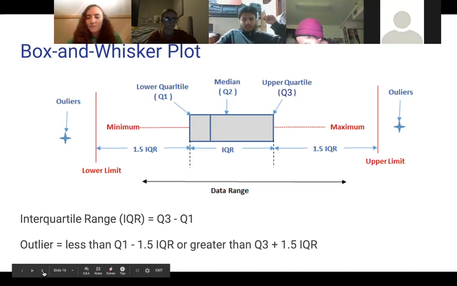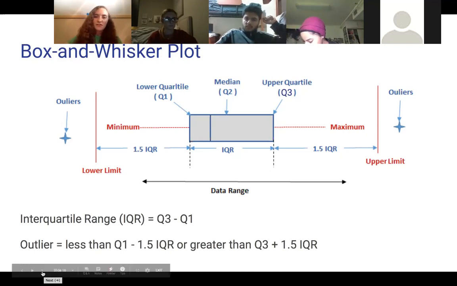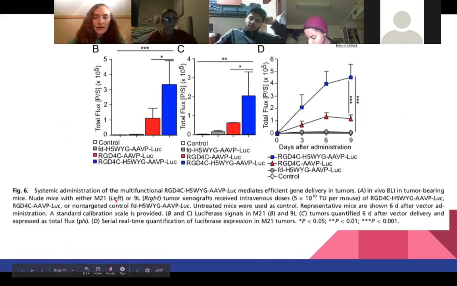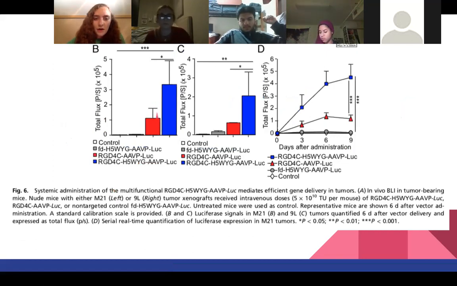This applies to other things than just box and whiskers plots. Looking at this article, you see this line. This shows the interquartile range, and this is the box.